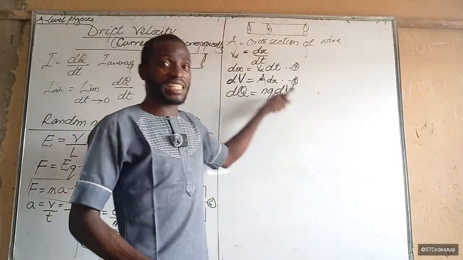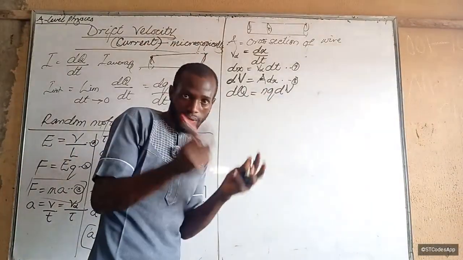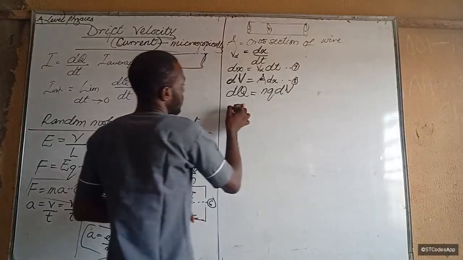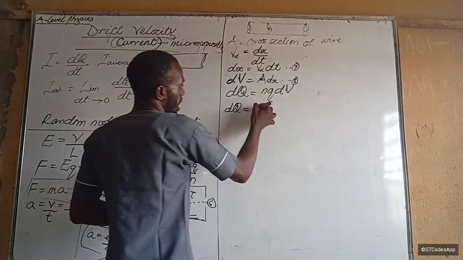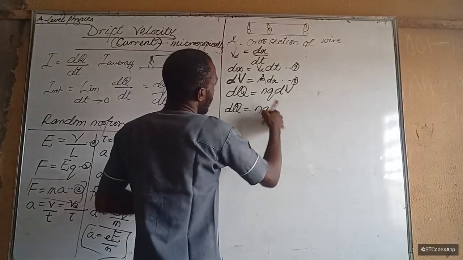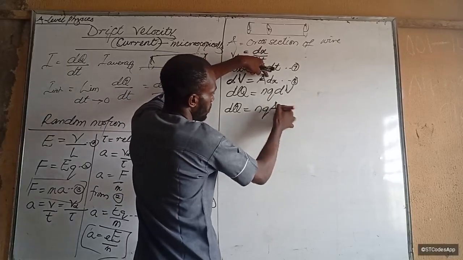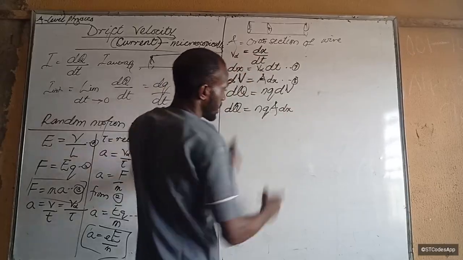So dq is nq times A dx, since dV in equation 8 is A dx.